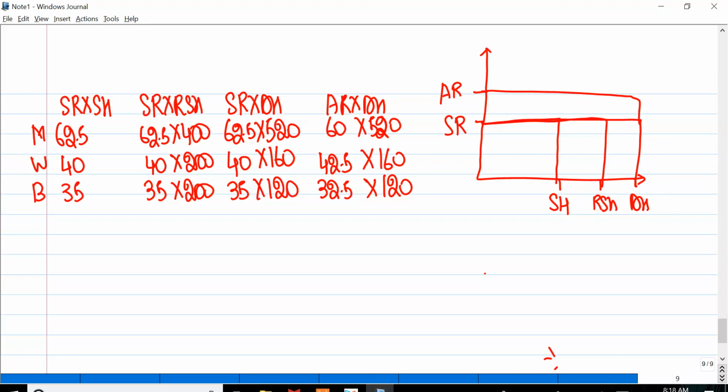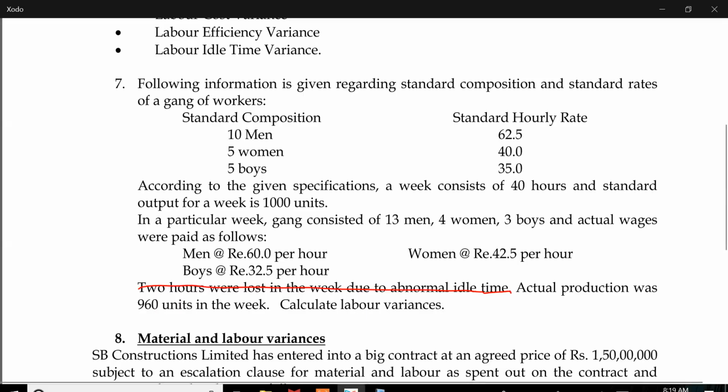Can we move to SH calculation? Any doubts till now? Can you tell me what is the standard equation? 800 hours for 20 people, 1000 units. Yes, 800 hours equal to 1000 units is the equation. Once you understand that, the problem is over. Why 800 hours?